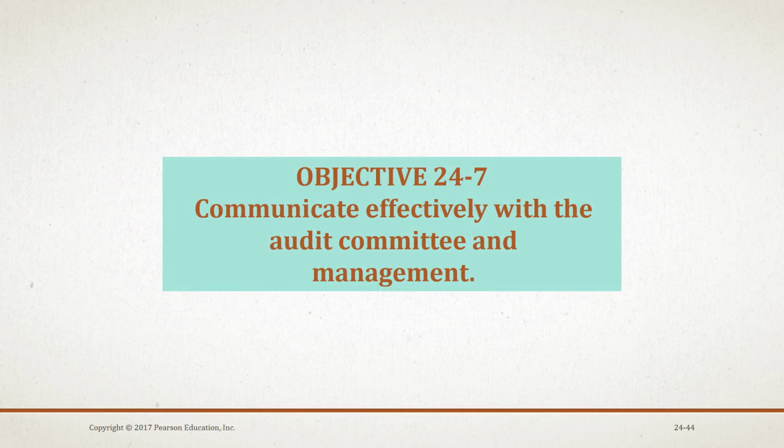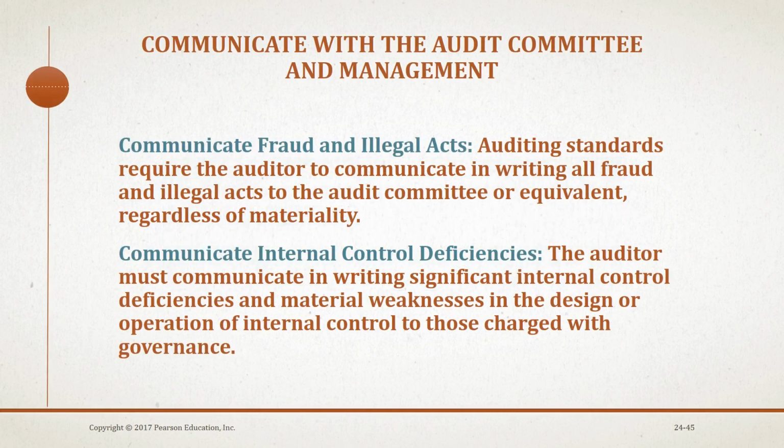Objective 7. Communicate effectively with the audit committee and management. Communicate fraud and illegal acts. Should you find any fraud and illegal acts, that needs to be communicated in writing to the audit committee, regardless of materiality. If you find fraud and illegal act, you need to communicate with them right away.